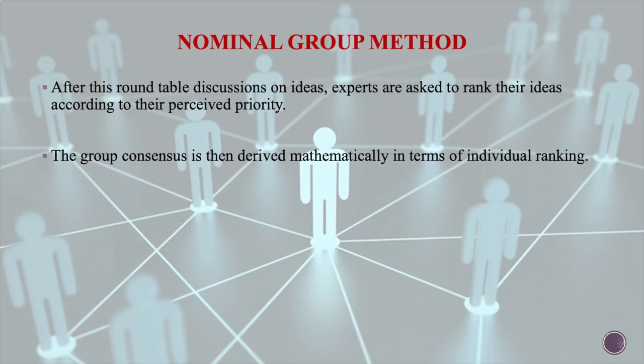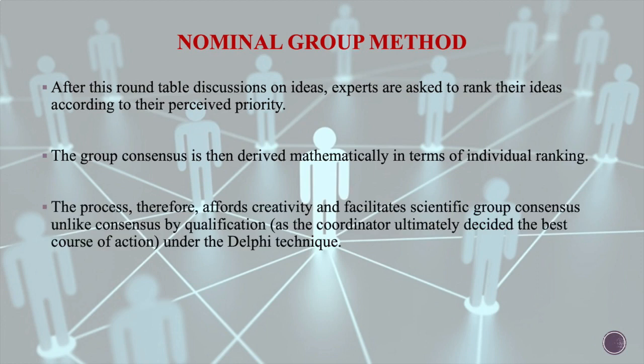And after that, the group consensus is derived mathematically in terms of individual ranking. The process therefore affords creativity and facilitates scientific group consensus, unlike consensus by qualification. Qualification means the coordinator ultimately decides the best course of action under the DELPHI technique.